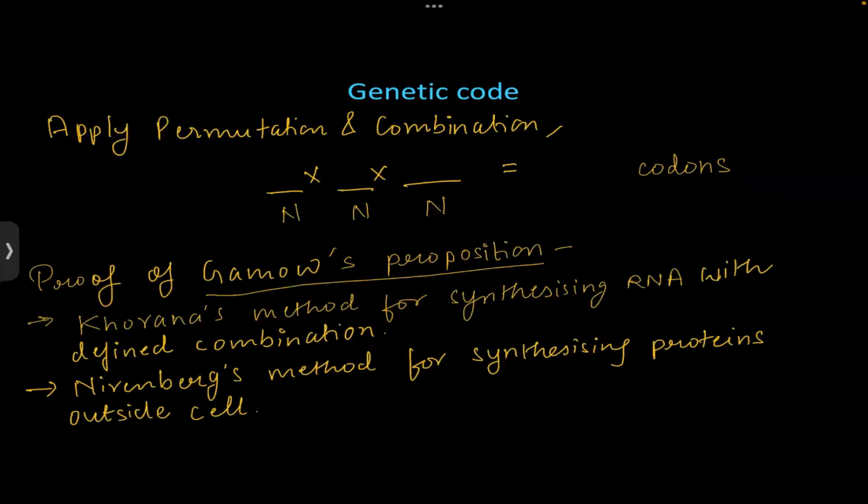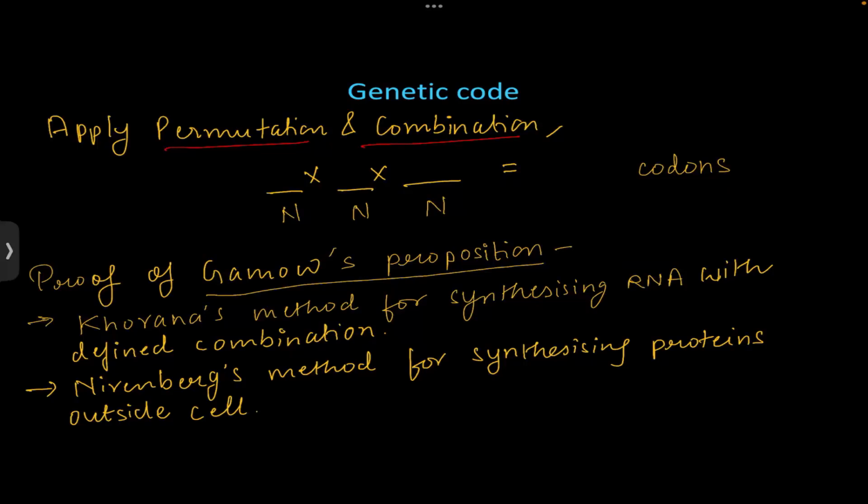So according to Gamow, if we apply his proposition that a combination of three nucleotides or three bases forms a genetic code, using permutation and combination, we can actually determine how many such codons there can be. He said there can be a combination of three bases.